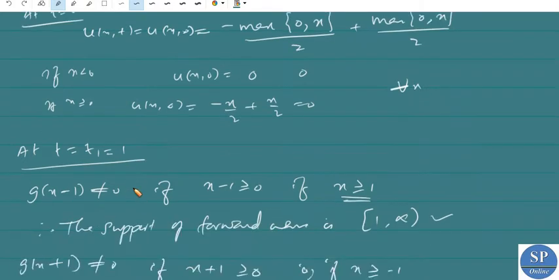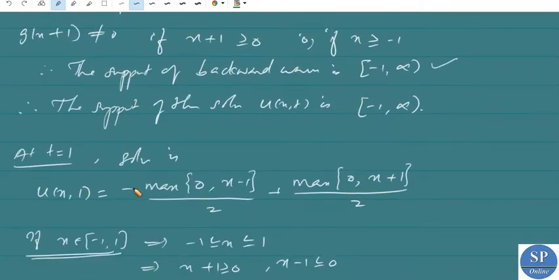When t equal to 4, we have the solution u of x, 4 is equal to minus maximum of 0 comma (x minus 4) divided by 2, plus maximum of 0 comma (x plus 4) divided by 2, since t equal to 4 here.